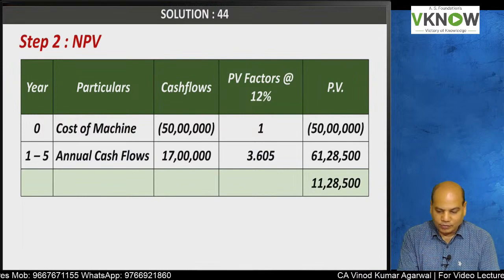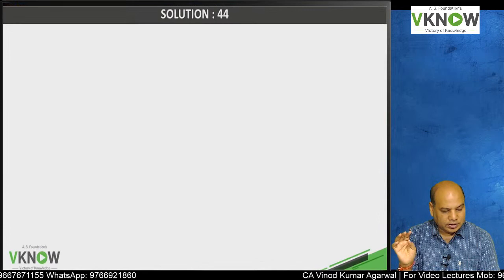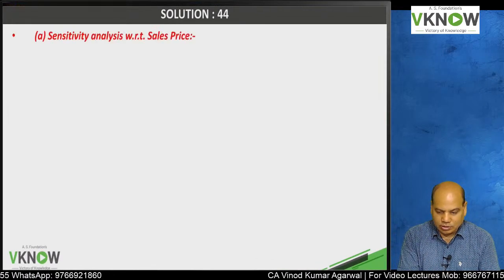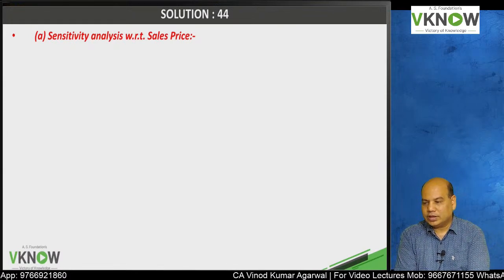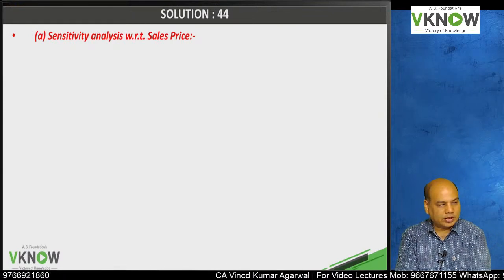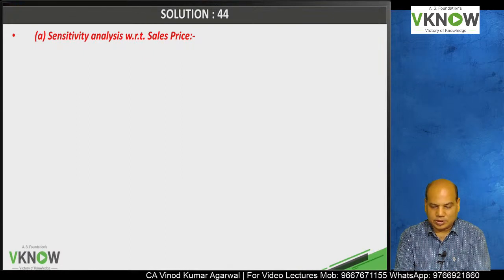Okay. Now we have to do sensitivity analysis for three variables: selling price, sales volume, and variable cost. Next, write down sensitivity analysis with respect to selling price. Everybody should participate. Sensitivity analysis with respect to selling price.